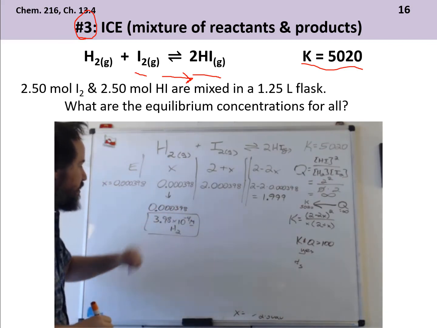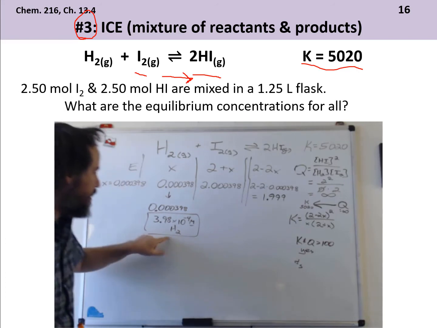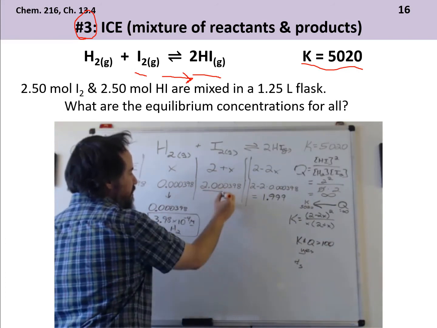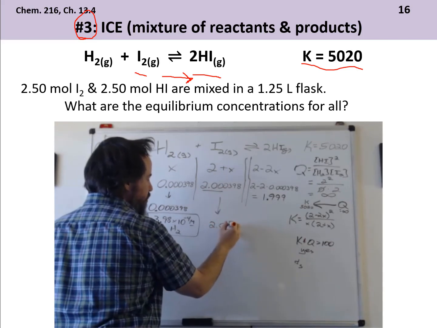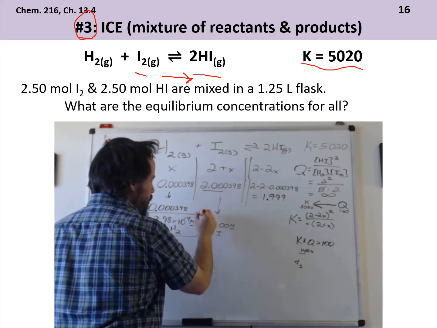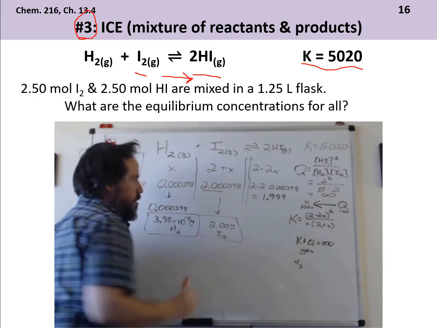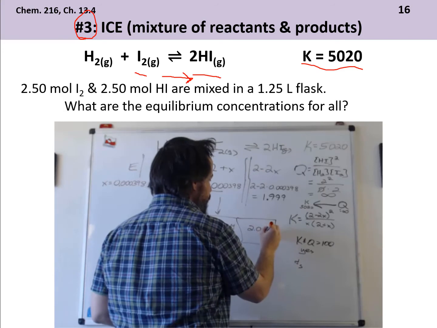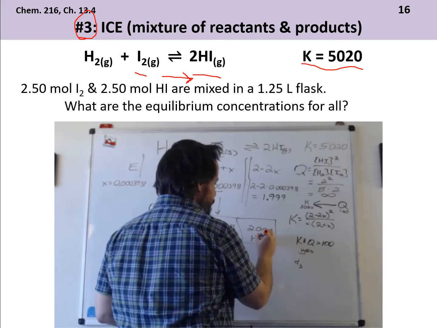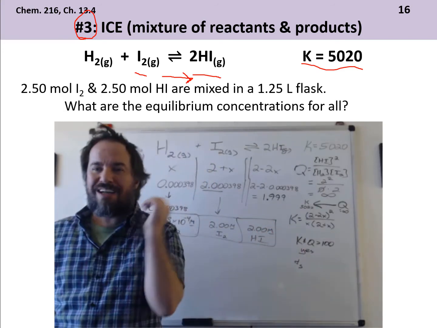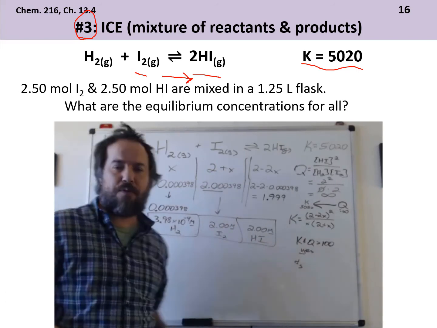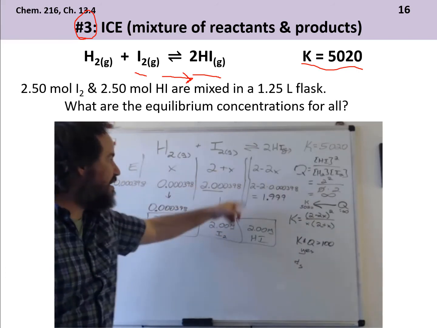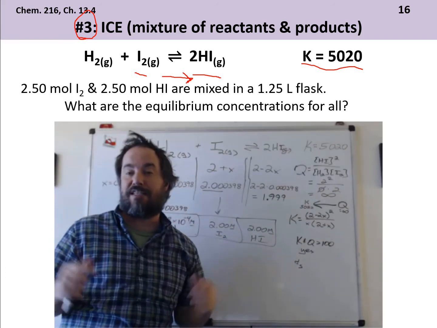I just like to use the sci notation once I get that small. This with 3 sig figs would just be 2.00 molar I2. And this to 3 sig figs would also be 2.00 molar HI. I start off with 2 molar, and I'm ending up with 2 molar. That's because it shifts so small that it doesn't even affect it once I look at the sig figs.